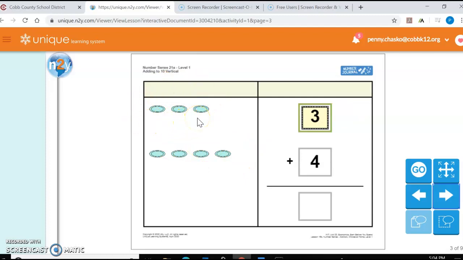We have 3. And this is where you could also be working on number recognition, making sure we're counting the objects. If you want to have manipulatives at home, blocks, Cheerios, Ritz crackers, anything that you may have, rocks outside, sticks, anything at all, and you count out 3. 1, 2, 3.